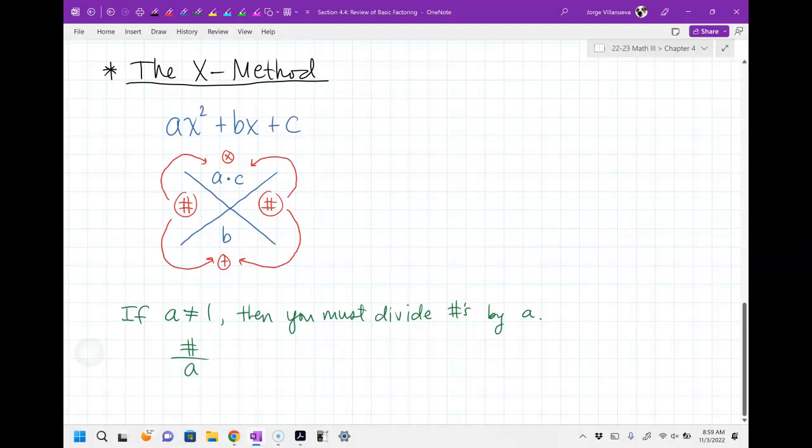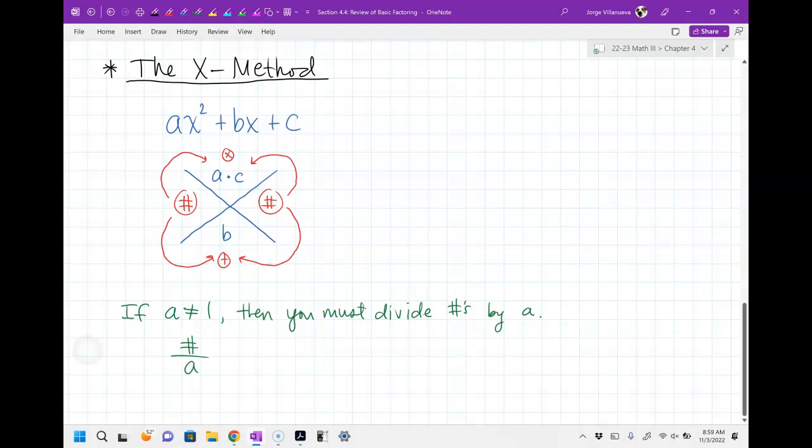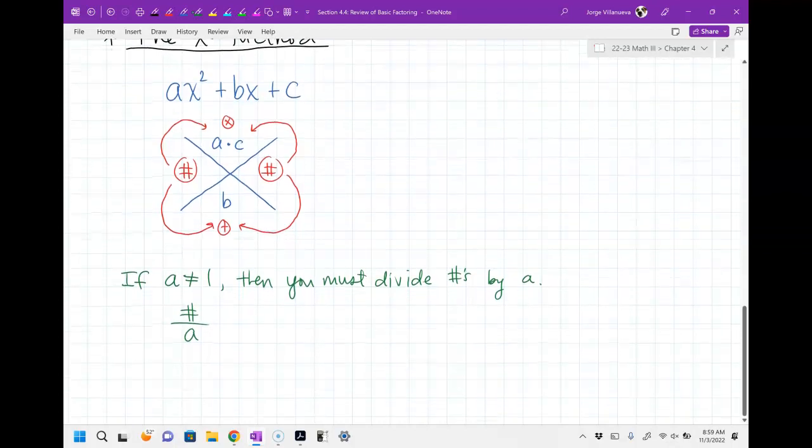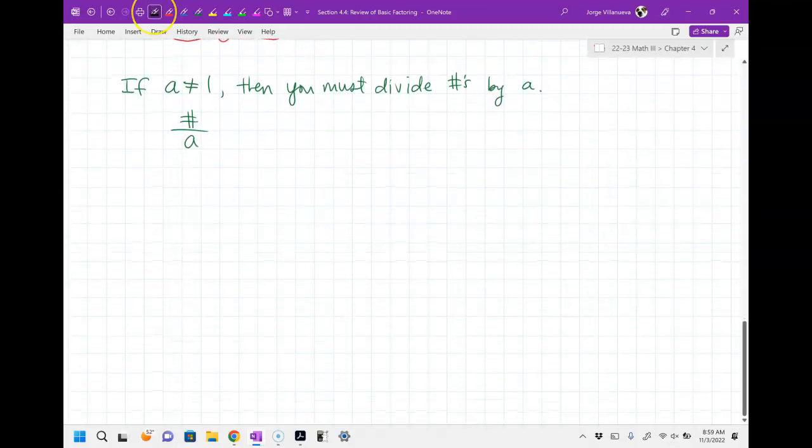Then you ask yourself, what two numbers multiply to a times c, or multiply to the top and add up to the bottom? Once you do that, you ask yourself, was a 1 or was it not? Because if it wasn't, then I have to divide that out. Once we do that, then we can write our factored form. So I'll show you guys how that all works. Let me give you examples here.